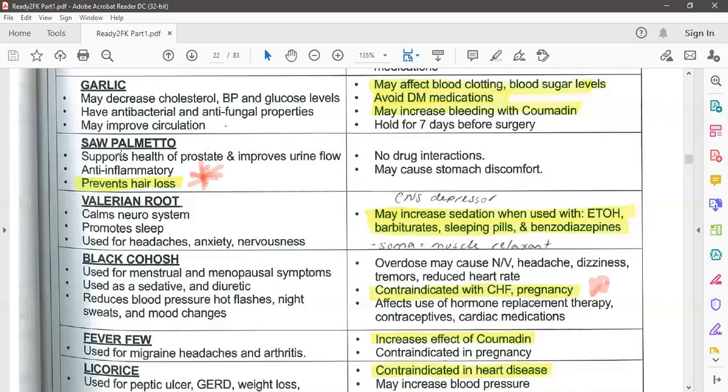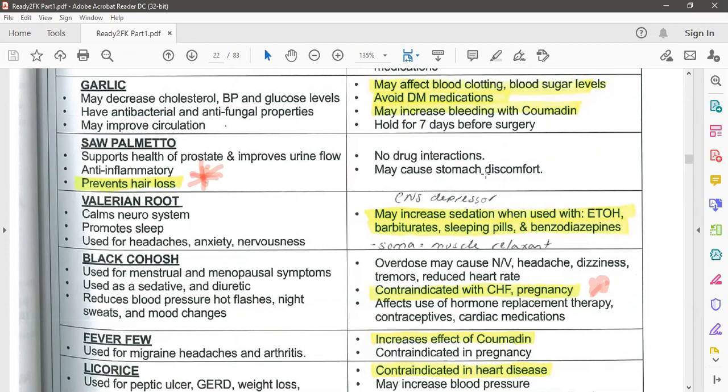So saw palmetto. Saw palmetto is supposed to help or promote the prostate and improve the urine flow. They have an anti-inflammatory effect. They prevent the hair loss, right? No drug interaction, may cause stomach upset.